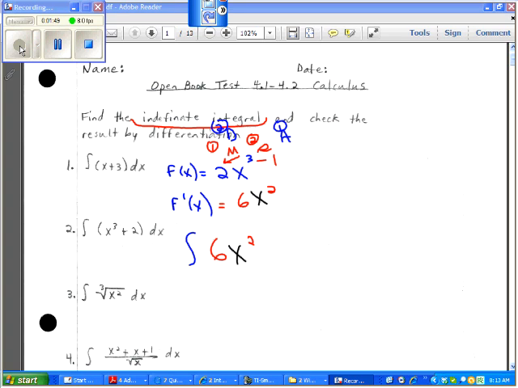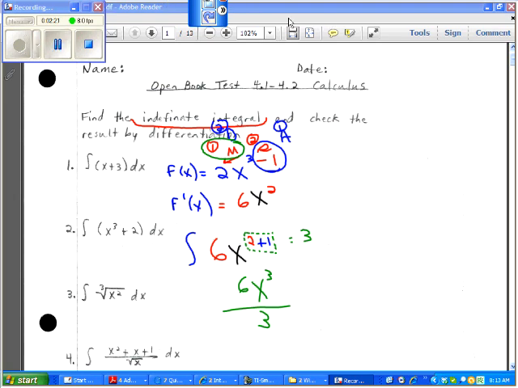So we would do the opposite of subtracting 1 from that exponent, which is to add 1 to the exponent. And then we would do the opposite of multiplying by dividing. When we do that, 1 plus 2 equals 3, so that's going to be my new exponent. But I'm also going to divide by that same 3.